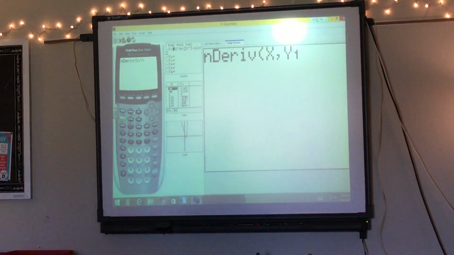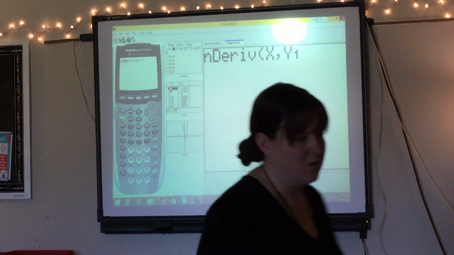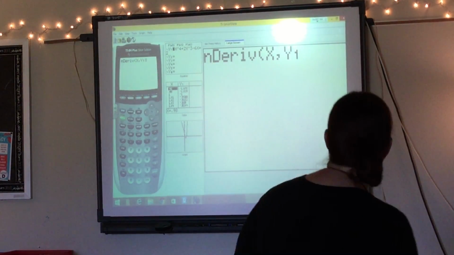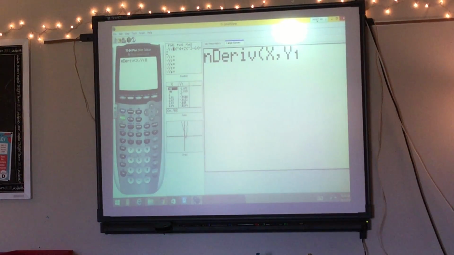Now put another comma, because we want y1, the one we put in as y1, right? And then you might have x equals and a box. If you don't, you're going to put a comma. And let's find the derivative at 2.